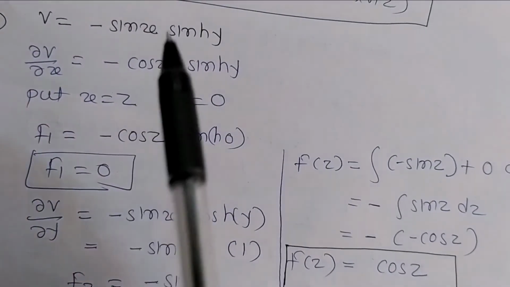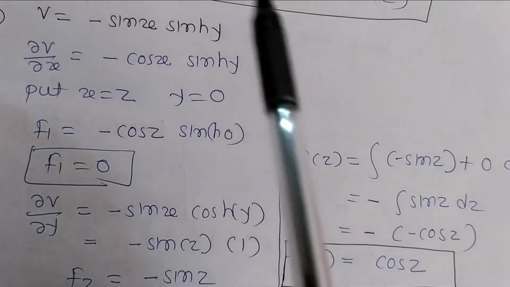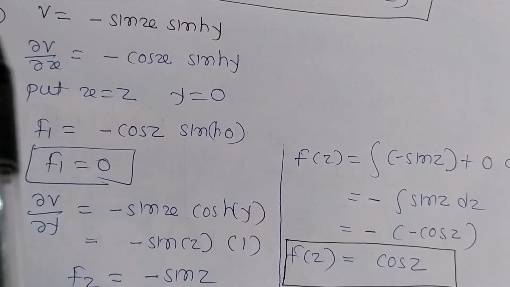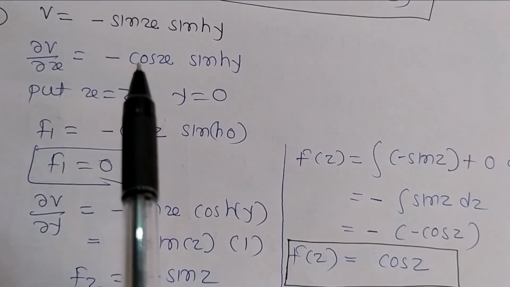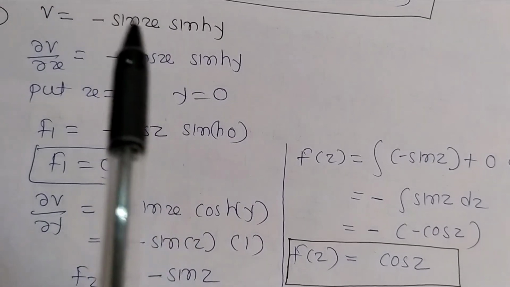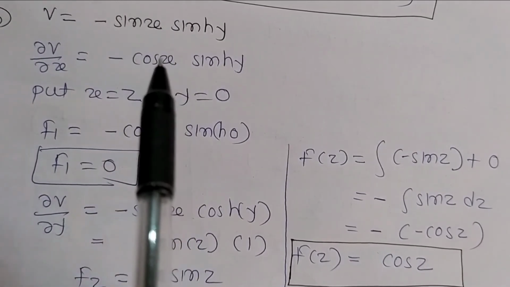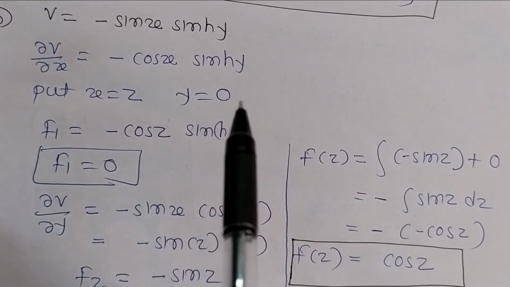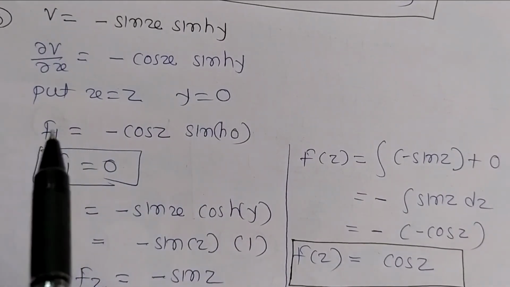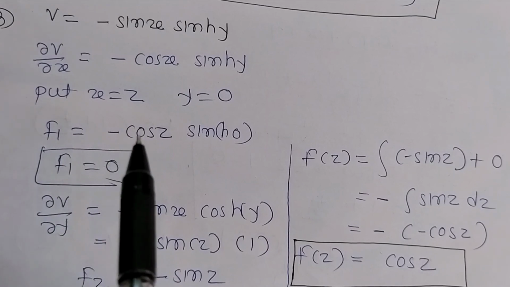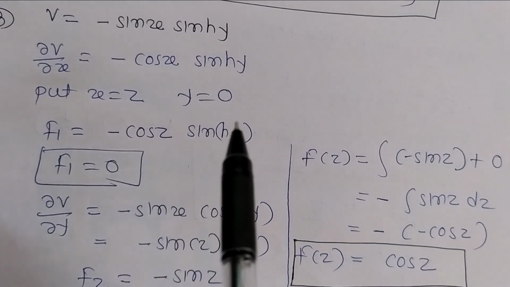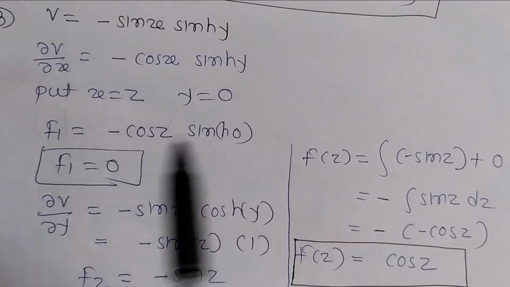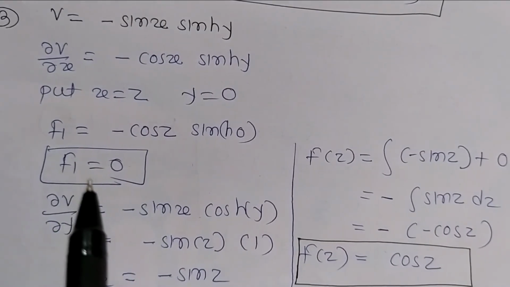v is equal to minus sin x sinh y. This is the example. ∂v/∂x is minus cos x sinh y, since the derivative of sin x is cos x. Put x equal to z and y equal to 0. Then f1 is minus cos z sinh 0, and sinh 0 is 0, so f1 is 0.